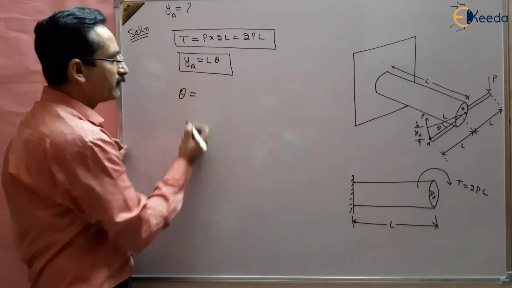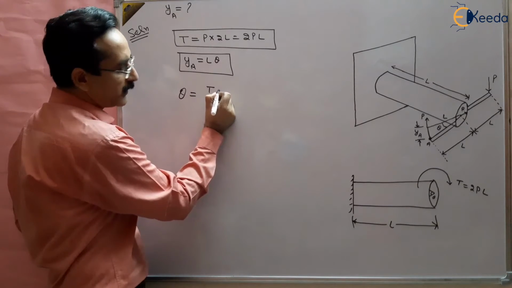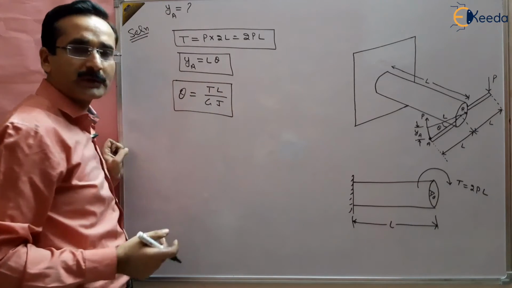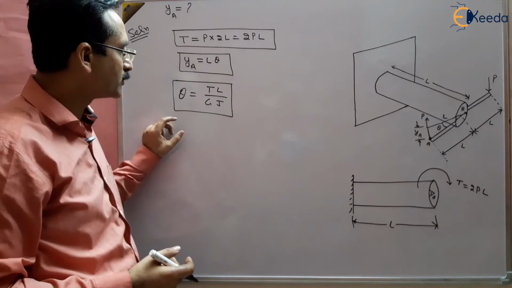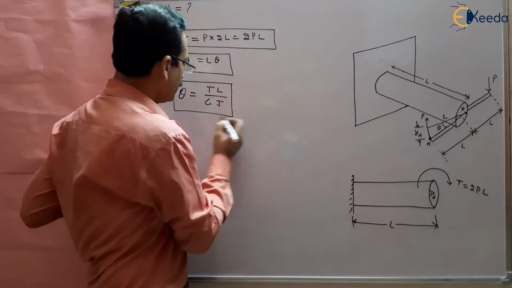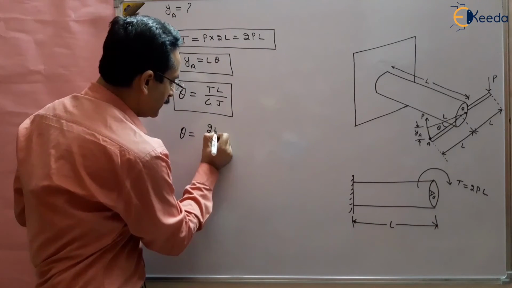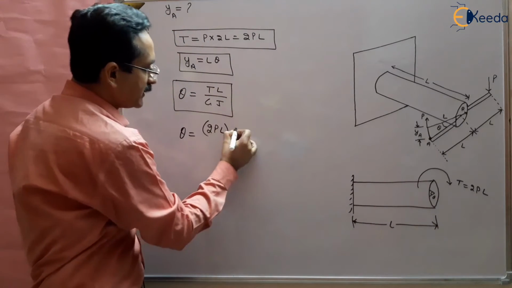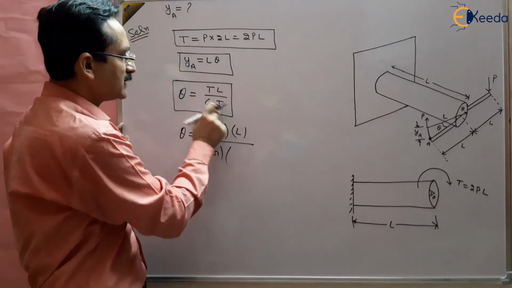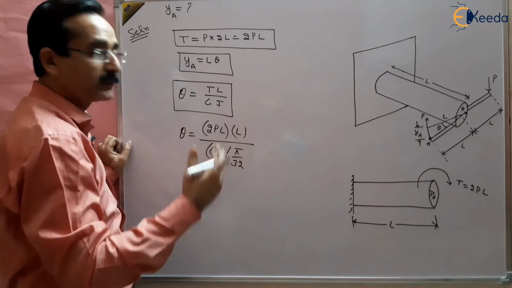Theta is equal to TL upon GJ. This is the direct formula, you should remember. Go to the chapter on torsion of circular shafts and you will find that the angle of twist is given by TL upon GJ. So T is the torque, 2PL, L is the length, G is the modulus of rigidity given to us, and J is the polar moment of inertia, given by pi by 32 d to the power 4.